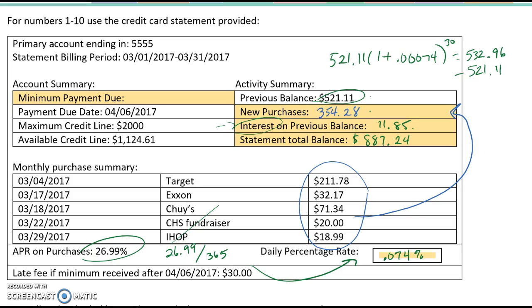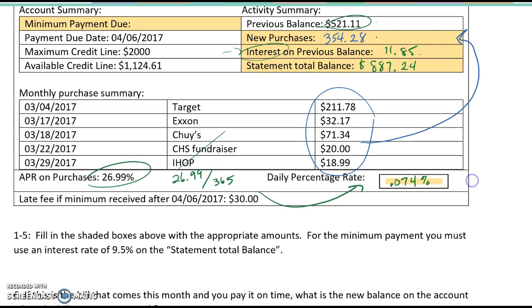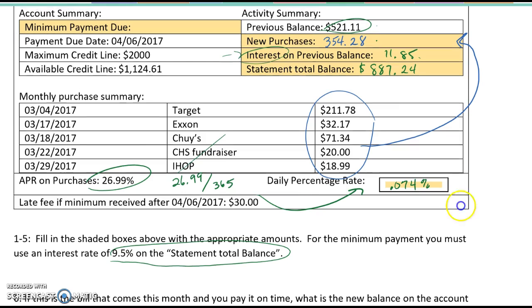All right, now after you have this, now you can finish or figure out your minimum payment, because your minimum payment is, if you read down here, guys, on your test, 9.5% of the statement total balance. That's the blank you just filled in. So we're going to take our total balance and multiply that by 9.5%.